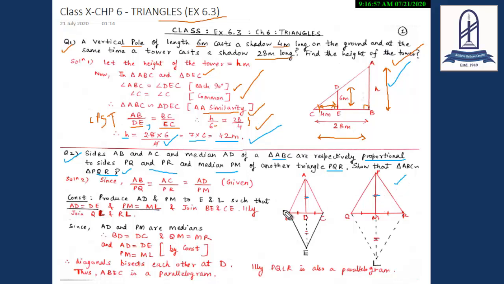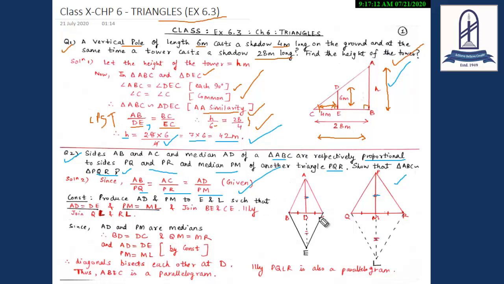So here, according to our question, it is given that AB upon PQ is equal to AC upon PR is equal to AD upon PM. They are equal.